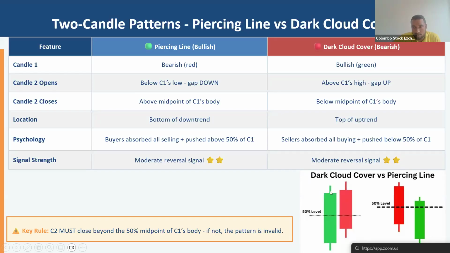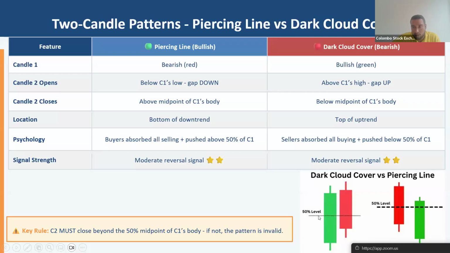So dark cloud means you see the first candle green and the second candle closes below the midpoint of the first candle, right? The opening price of the second candle is this, and the closing price of the second candle is this, right? And the midpoint of the first candle, or the 50% level, is this.